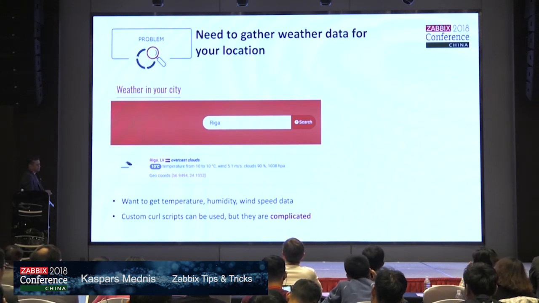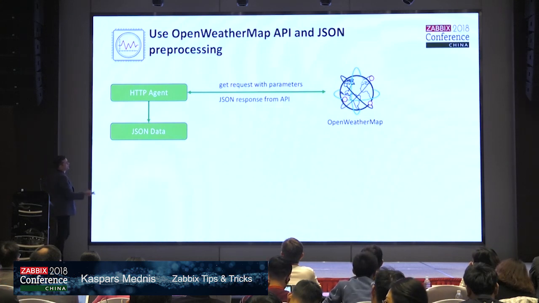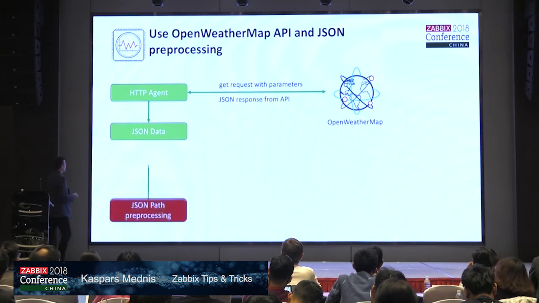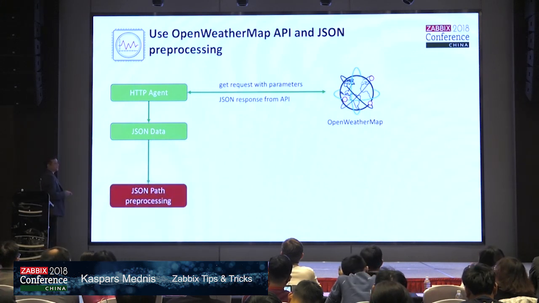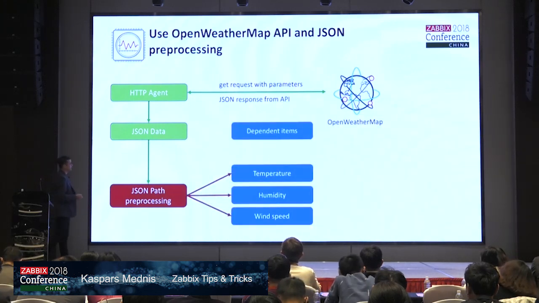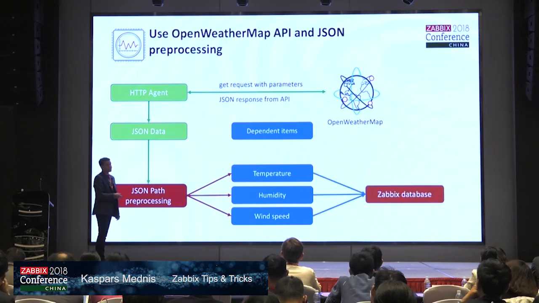It has a nice API which returns JSON. You can just send a request, and the OpenWeatherMap.org site will return JSON-based data, which you can then preprocess using JSON path preprocessing, extract temperature, humidity, and wind speed, and store in the database.